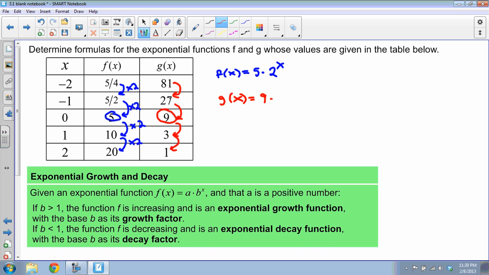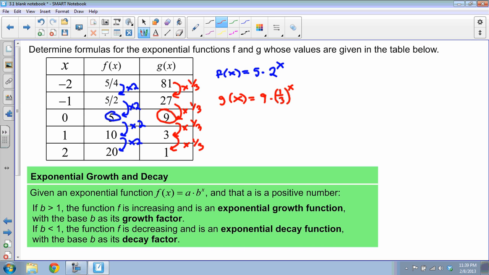To get from 81 to 27, we divide by 3, which is the same thing as multiplying by 1/3. And if we look, each one of these, that's the case that we are multiplying by 1/3. So we would put 1/3, and we'd probably put it in parentheses and say that's to the x power.